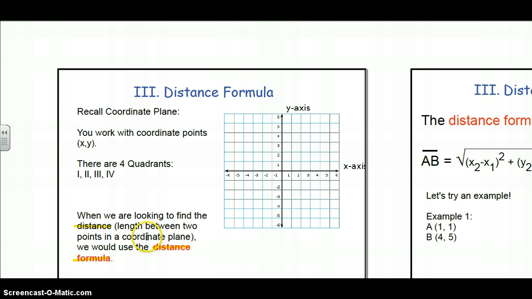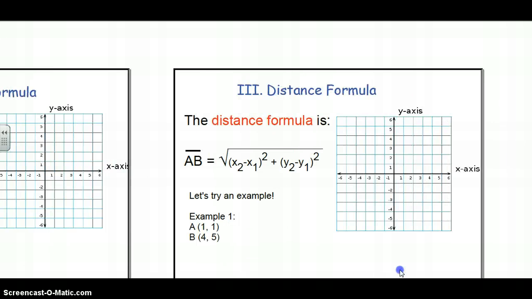When we're looking to find the distance, or the length, between 2 points in a coordinate plane, we use the distance formula. It's the square root of (x2 minus x1) squared plus (y2 minus y1) squared.